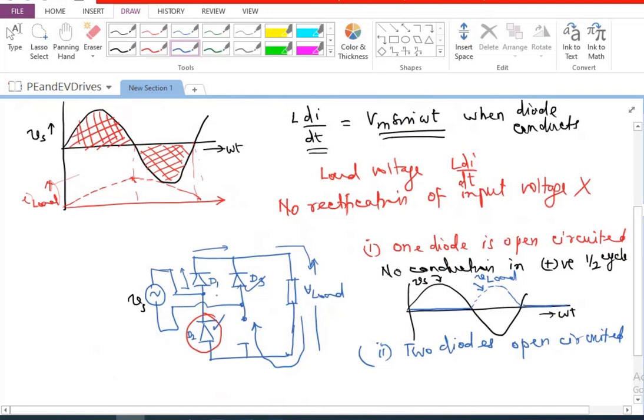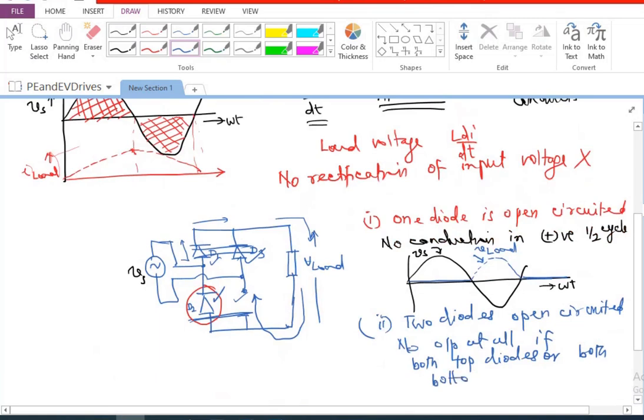Rather than that, if I'm going to have similarly these two diodes open circuited, only one half cycle will be missing. But if I'm going to have either these two gone or these two gone, then I'm going to have no output at all.